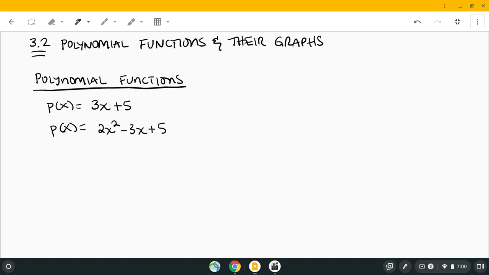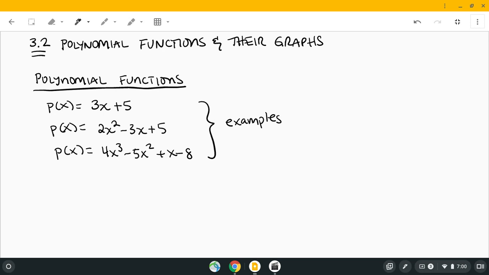And a degree 3, like 4x cubed minus 5x squared plus x minus 8. All of these are examples of polynomials.